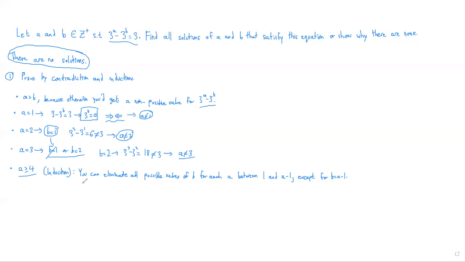Because if the earlier B values didn't work for the earlier A values, they're not going to work for the later A values. So, for example, if A is equal to 4, you can exclude B equals 1 and B equals 2, since they will just give a bigger difference.